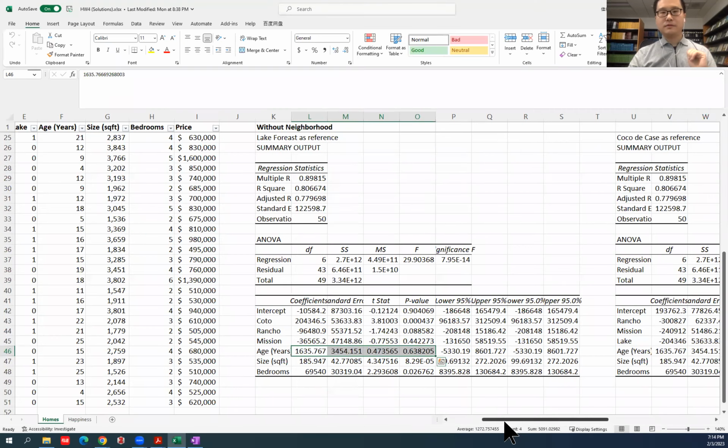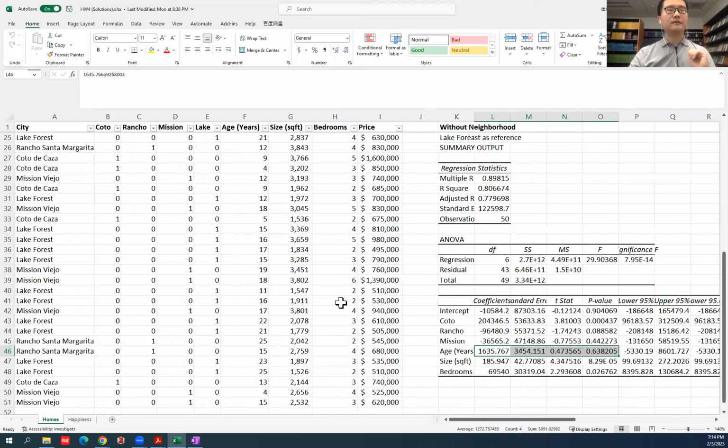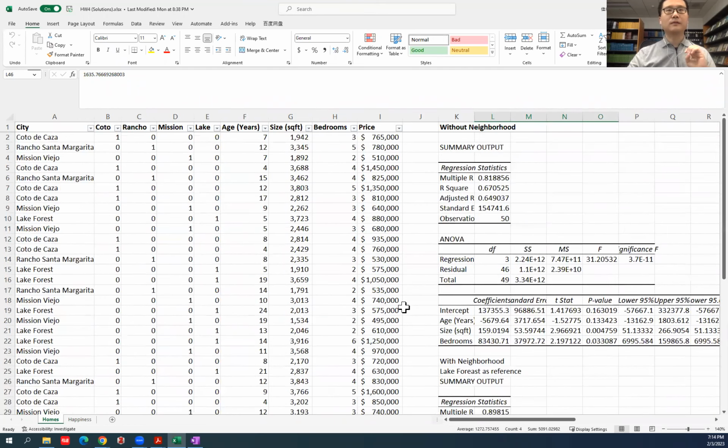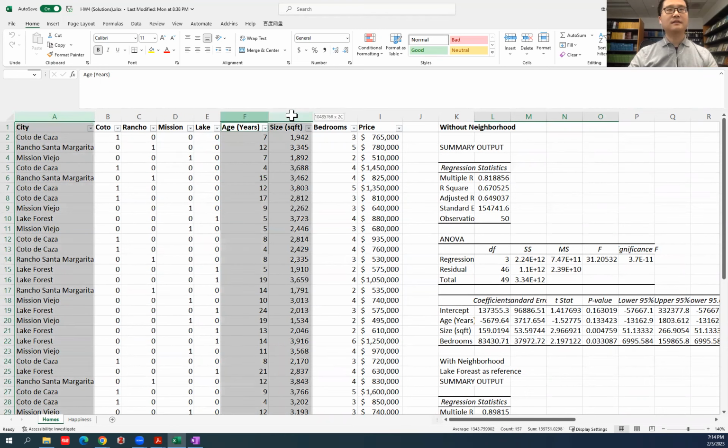Well, I'm showing my screen of the Excel file that I built upon for problem 1. Here, originally, in your sheet, you will find city, age of house, size of house, number of bedrooms of the house, and the price of house.